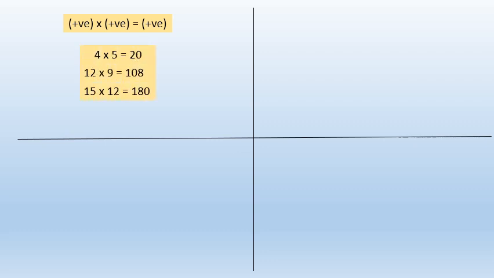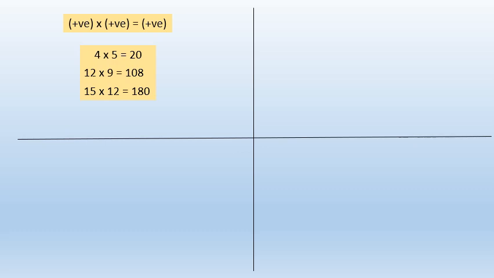Students, now let us look into a few examples of multiplication of integers. So first we'll look into a positive integer multiplied by a positive integer. The product is positive. These are a few examples.